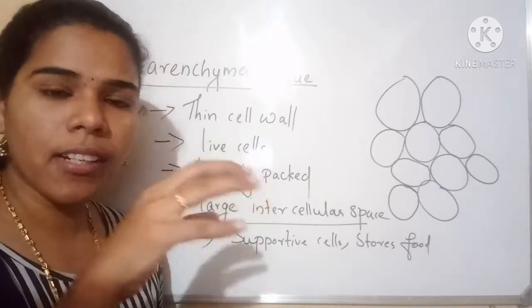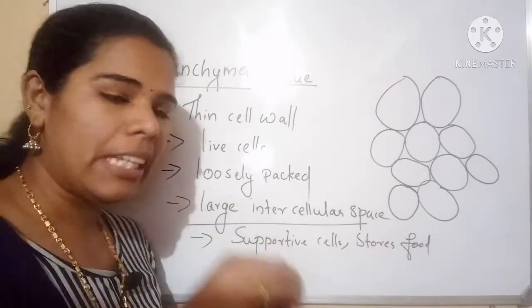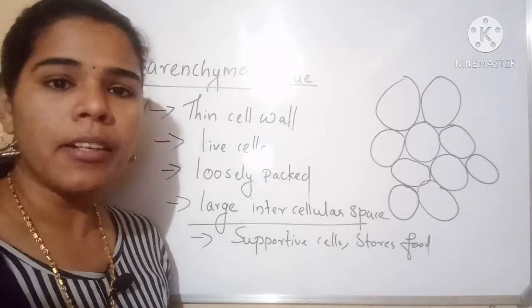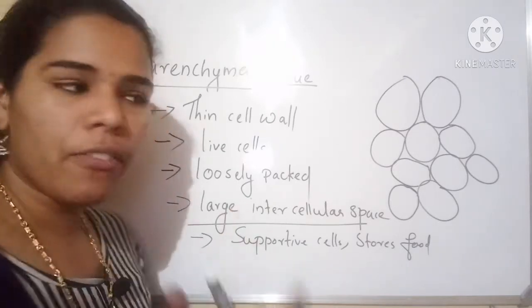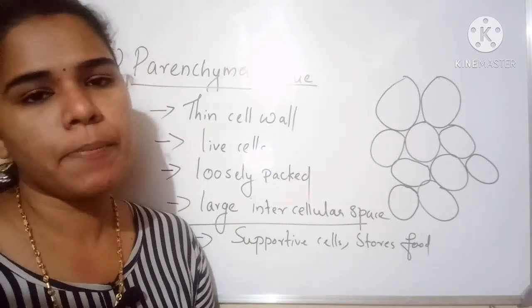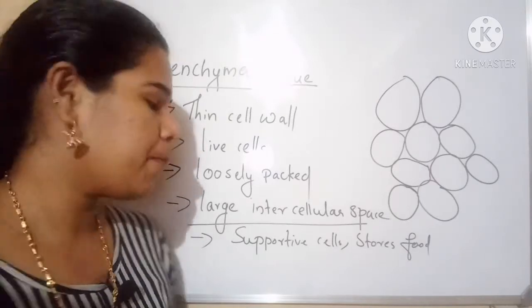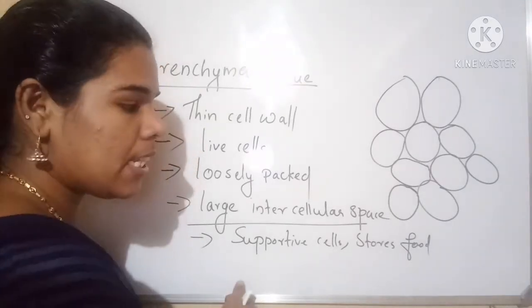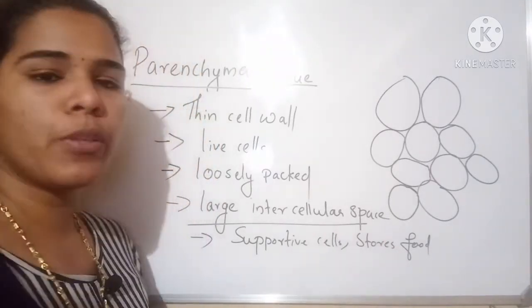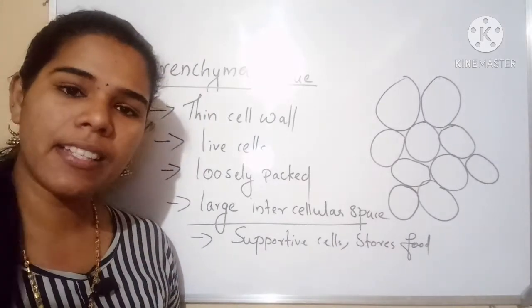They support the stem, leaves or any part of the plant, flowers, anywhere we can see these parenchymatous tissues. They are supportive cells and help to store food, materials, minerals like that.